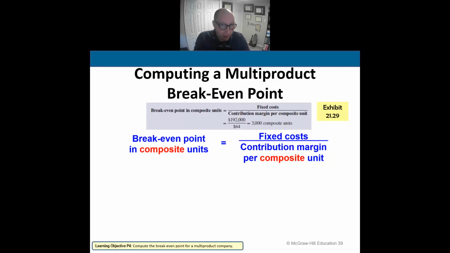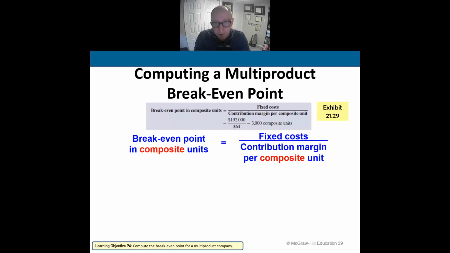With multiple products comes multiple points of break even per product, right? But we can simply add all of them together to get the composite units to find the total number of haircuts, for example, I need to provide in order to break even.